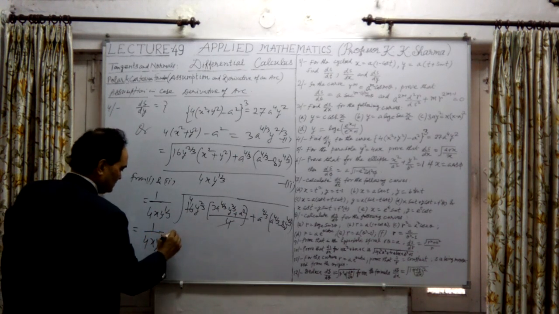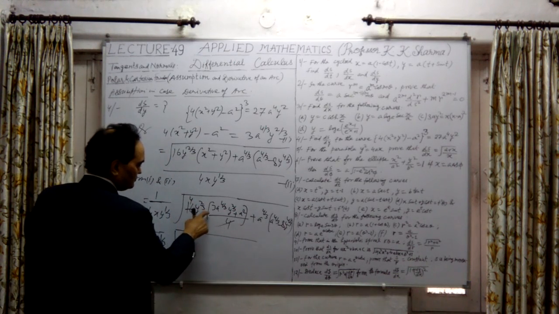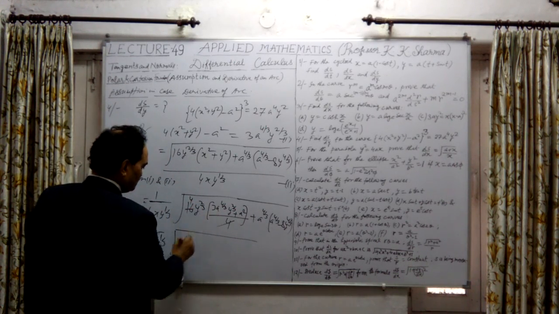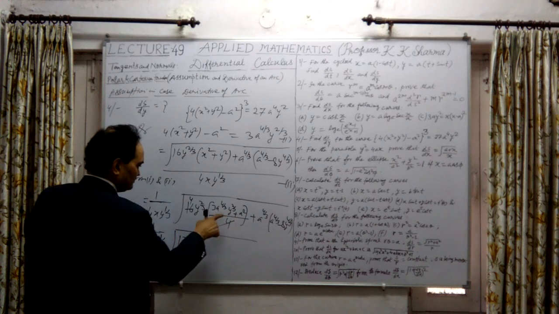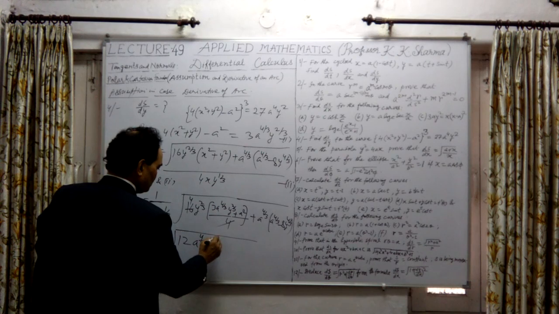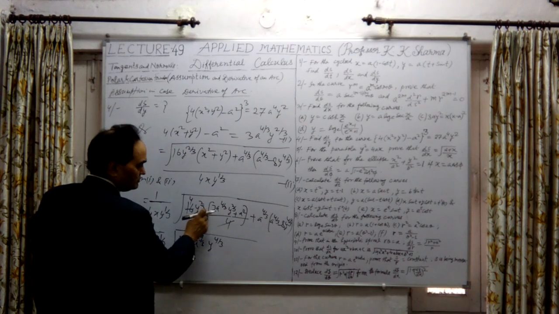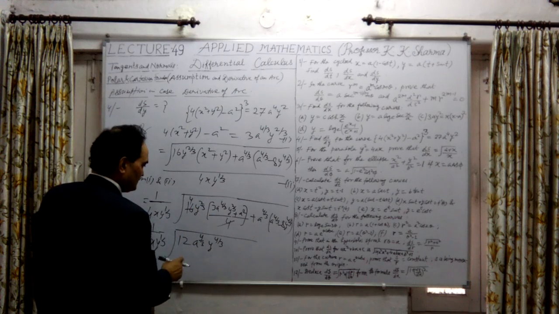So this will give us on the root, multiply by 4 by 2 raised power 2 by 3, so this 4 here 12, with 12 a raised power 4 by 3, first one, into y raised power 4 by 3. Okay, because y raised power 2 by 3 plus 2 by 3 is 4 by 3.